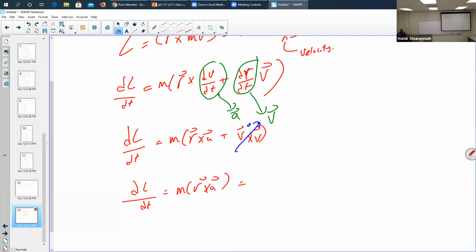And if you multiply it inside, what are you going to have? r cross ma. Well, ma from Newton's second law, that's F. F equals ma.